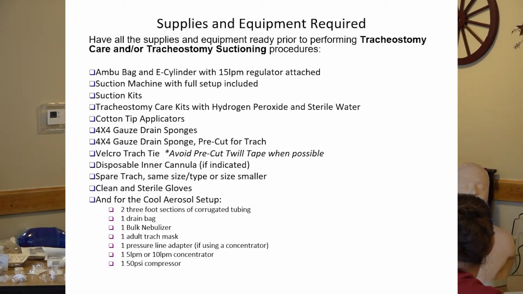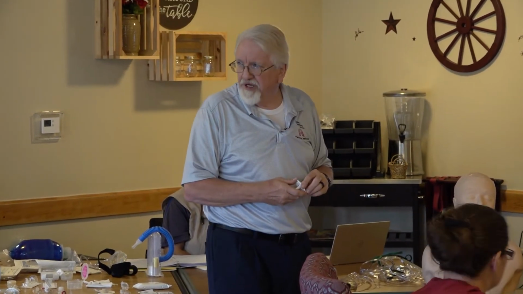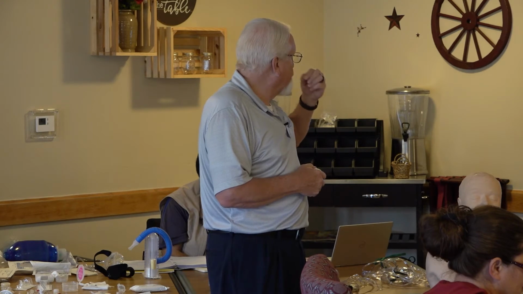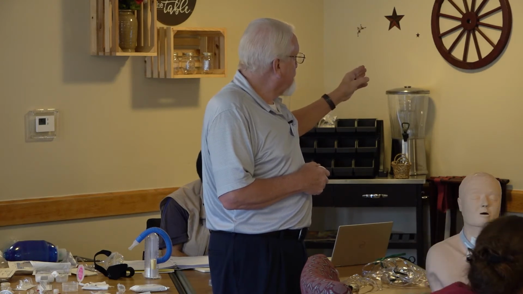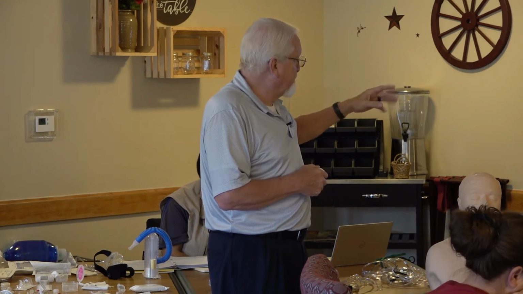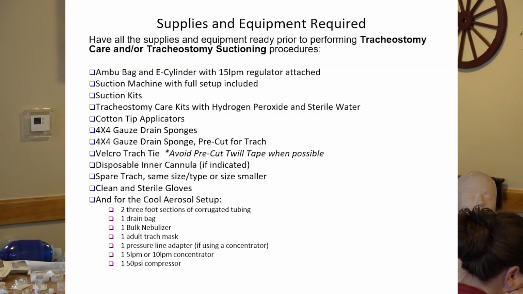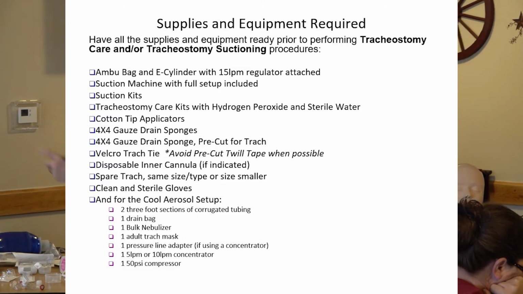Your cotton tip applicators, again, if you use the Trach Care kit, it's only going to have 2 in it. So you should know ahead of time that if you're going to use the 4 Q-tip method, you need to bring another 2-pack of Q-tip swabs. You've got your 4x4 drain sponges.